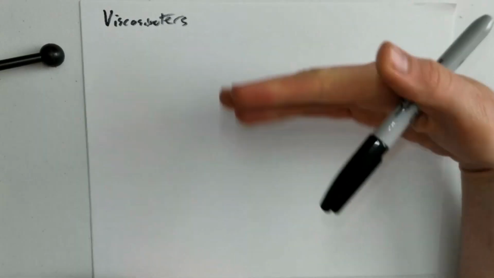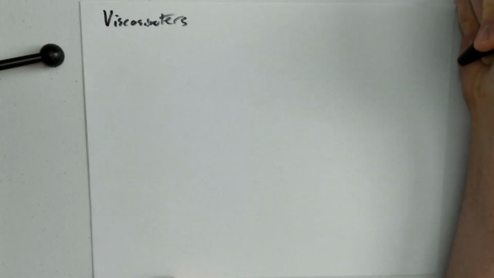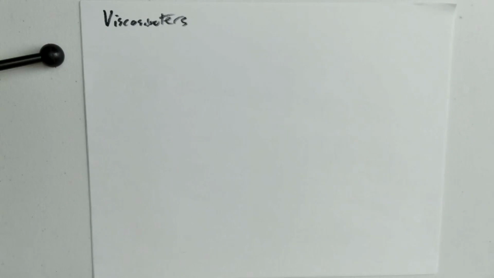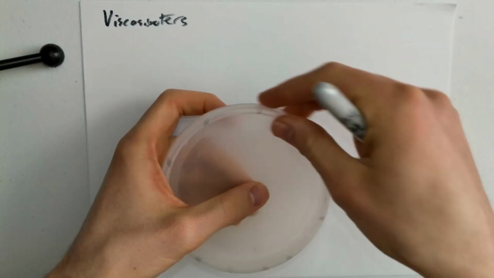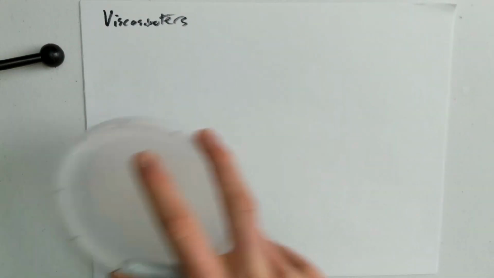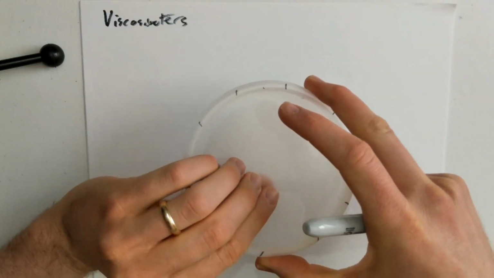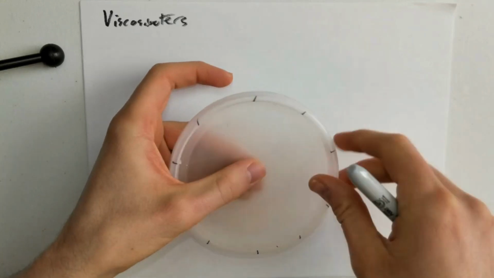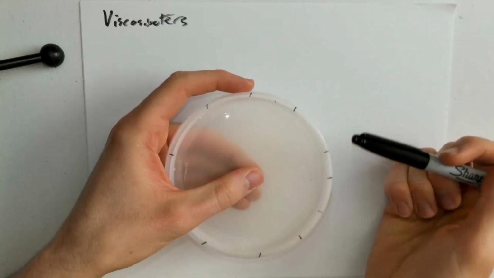So let's map out what our problem-solving strategy is going to be for this example problem. We have our disk, and it's rotating at some particular rate, and there's also some particular torque that we need to apply in order to keep the disk rotating at that speed.